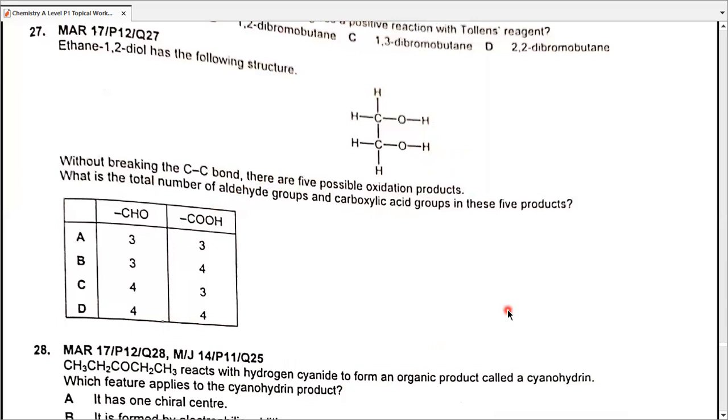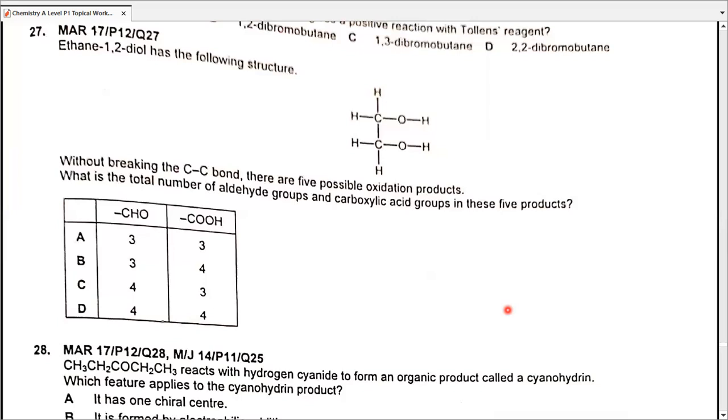So one aldehyde, both aldehydes, that's one possibility. And both carboxylic acid is also another one. And then one is aldehyde, one carboxylic. That's three possibilities.